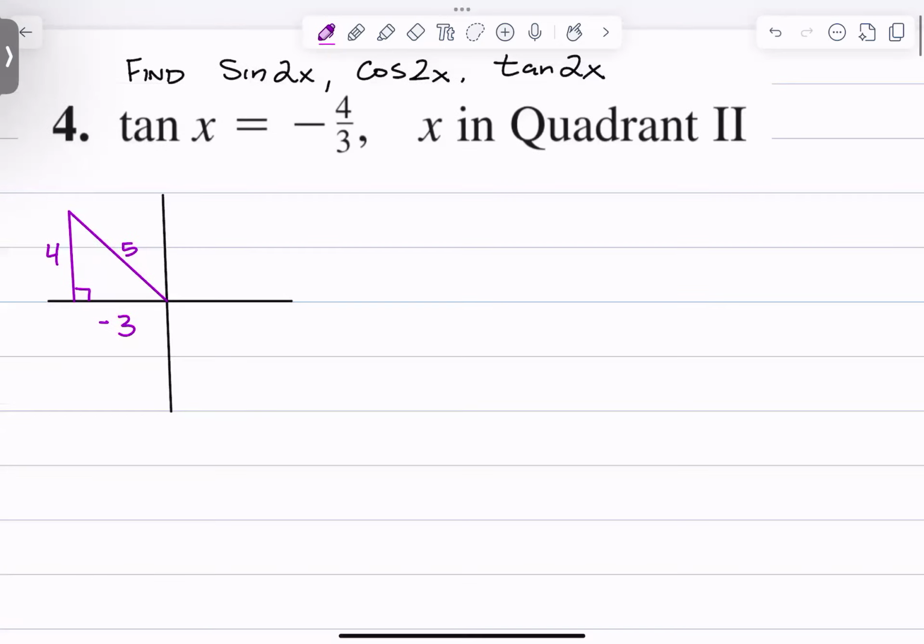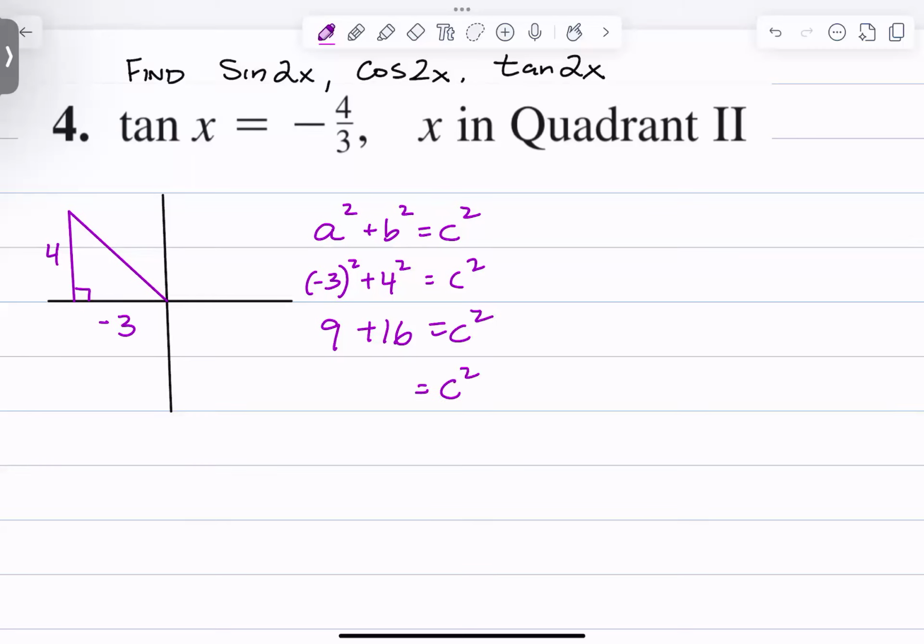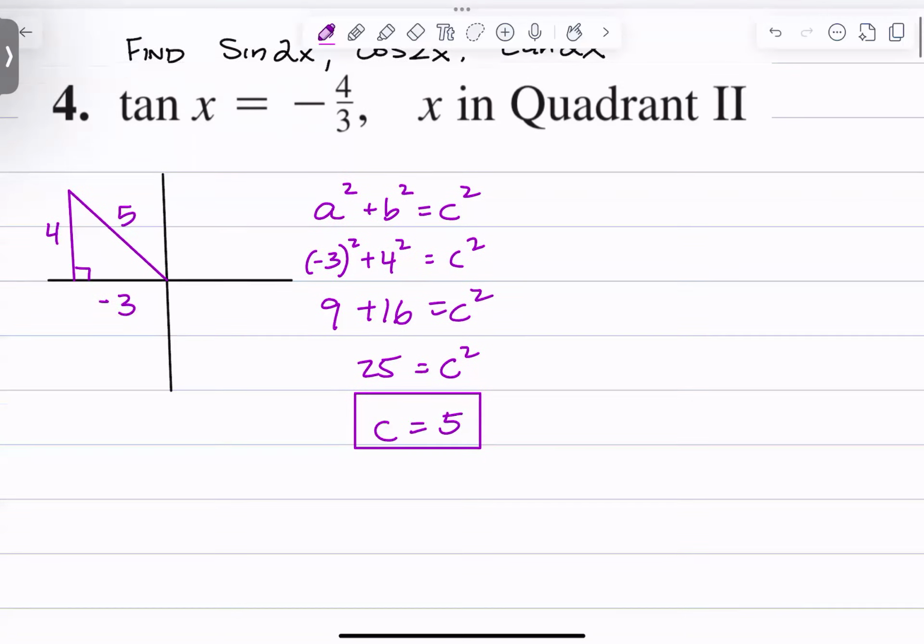If you use the Pythagorean theorem, it's a squared plus b squared equals c squared. So you don't know what that side is, right? So that's -3 squared plus 4 squared equals c squared. That's 9 plus 16 equals c squared. So c squared equals 25. If you square root both sides, c is 5. So both ways you get that that side is 5.